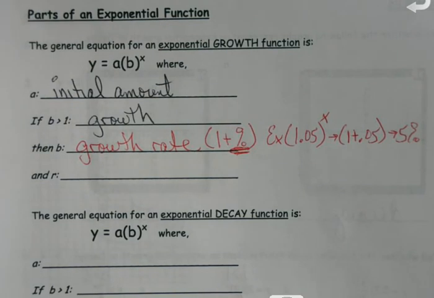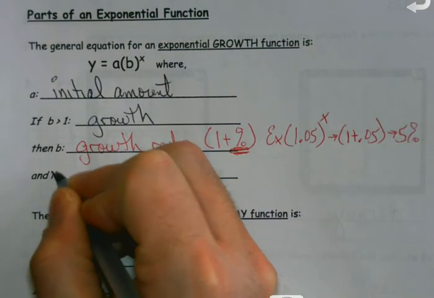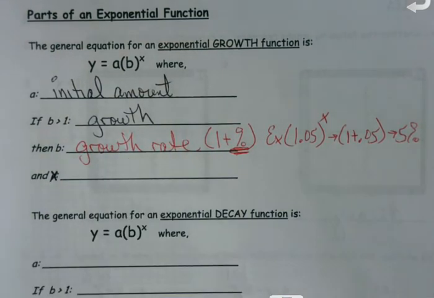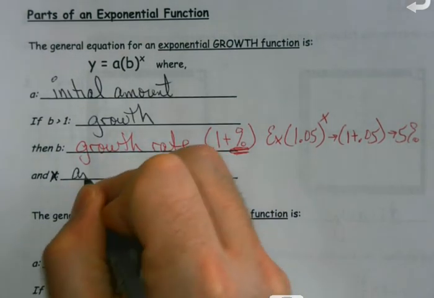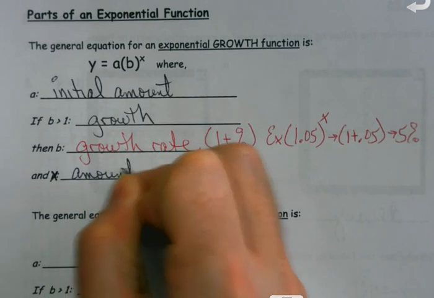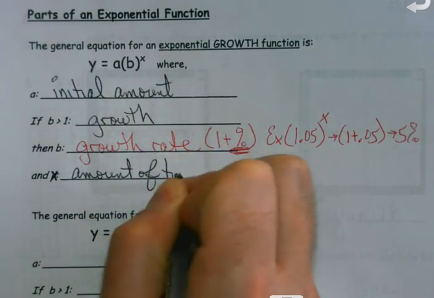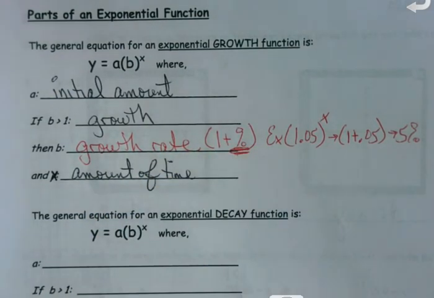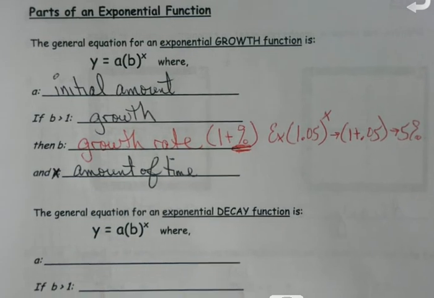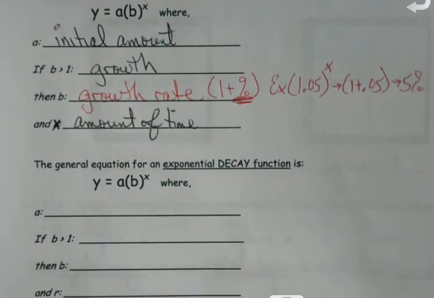And then x, which I wrote as R, and I apologize for that, is the amount of time that's going on. Whether I want to know a year, 10 years, whatever it happens to be. And then for decay, a lot of it's the same except for one small part in the middle.